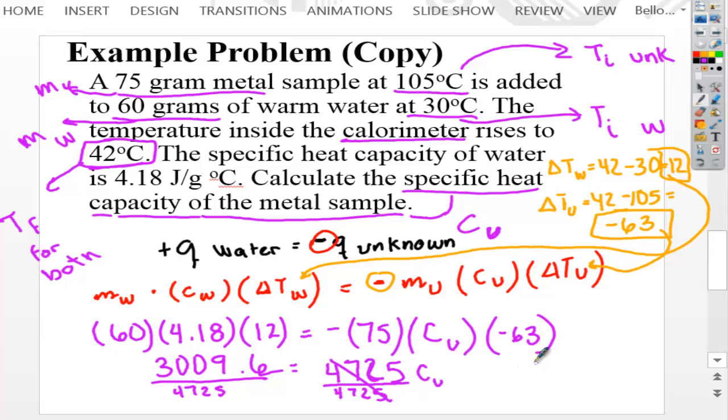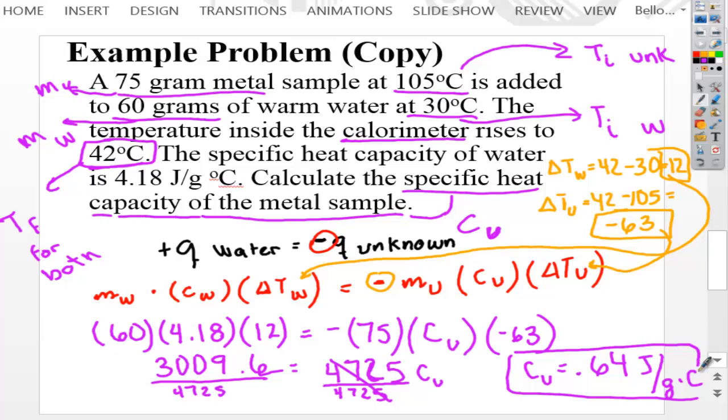You get that the specific heat capacity of the unknown is equal to 0.64, right? So 0.64 joules per gram times Celsius. And this is your final answer. Okay?